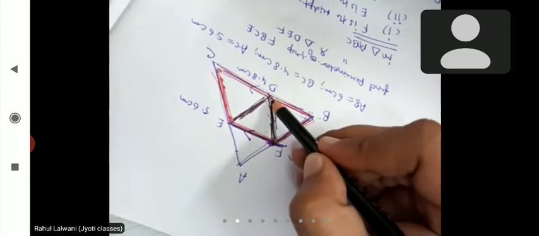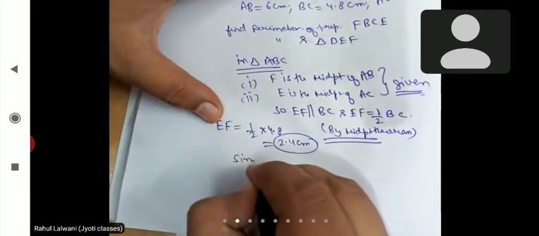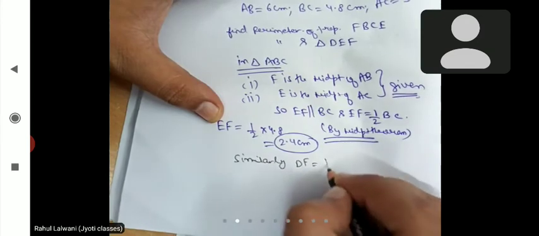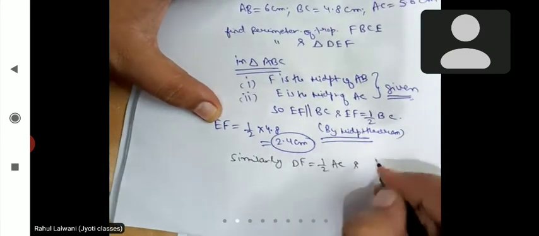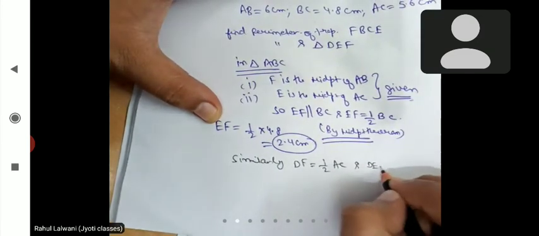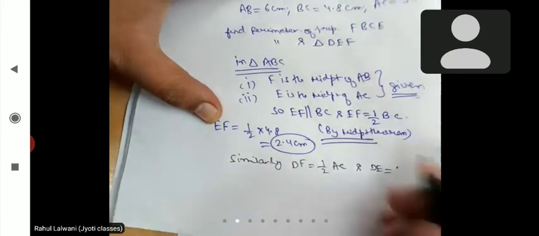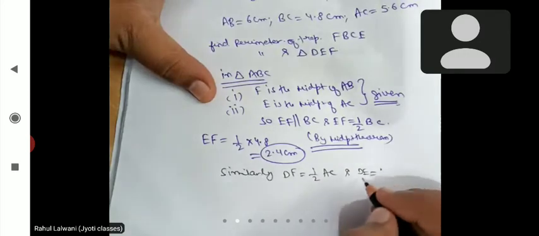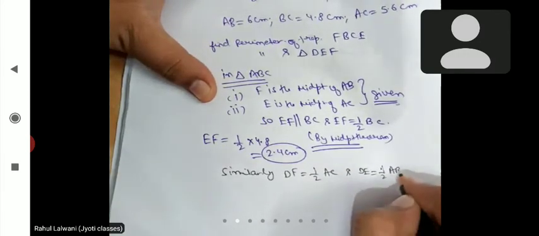So we can write similarly: DF is equal to half AC and DE is equal to half AB.